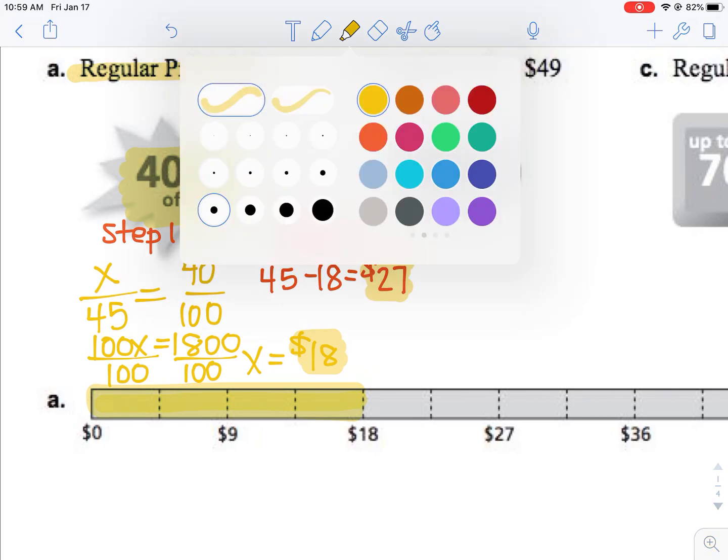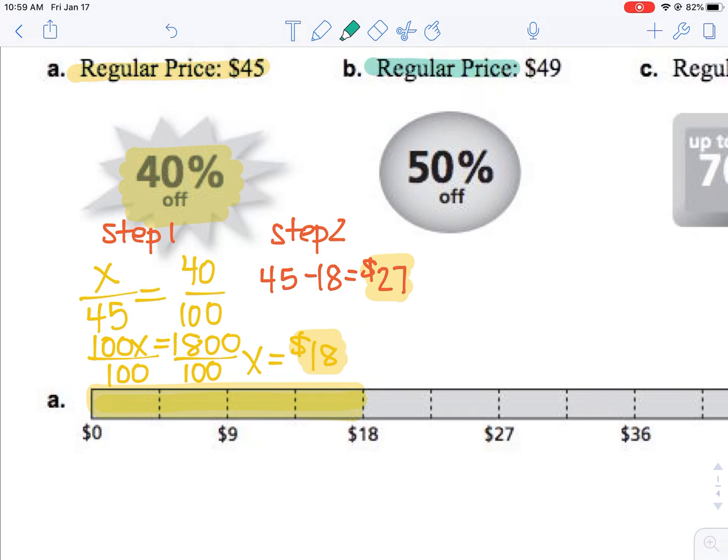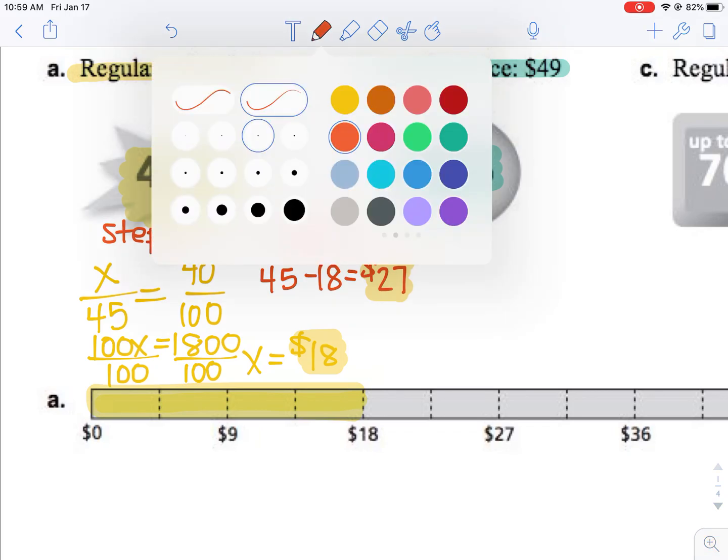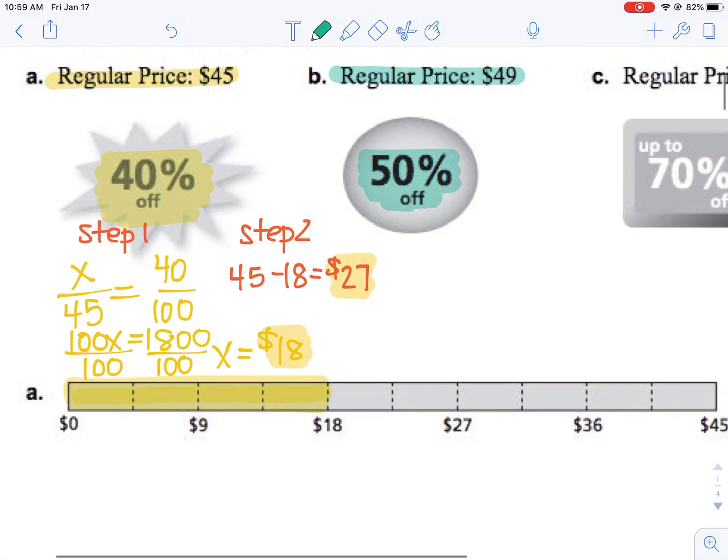All right, store number 2. Regular price of the shoe, $49. Discount is 50% off. We know that 50% is half, but if you have to show some work, show it. So we have the discount we don't know over the total price of the shoes equals the percentage off over 100. So 50 over 100.